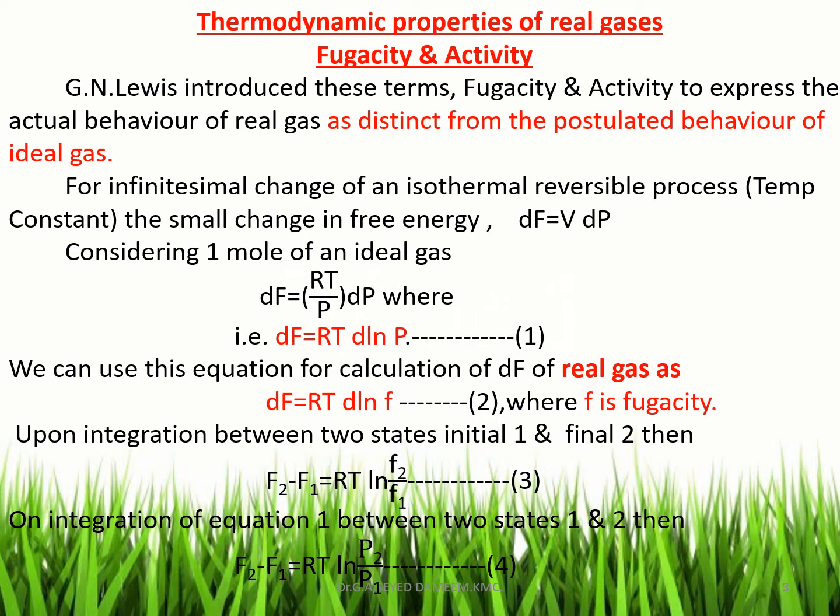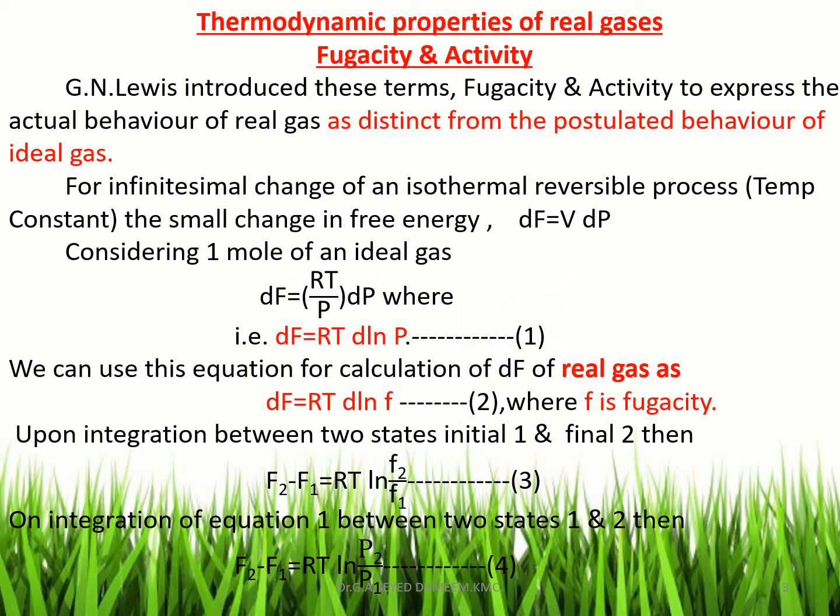Here, dF is a small change in free energy, R the gas constant, T temperature, P pressure, and dP a small change in pressure. This equation can be written as dF is equal to RT d ln P, that is, dP by P can be written as d ln P. Let this equation be 1.